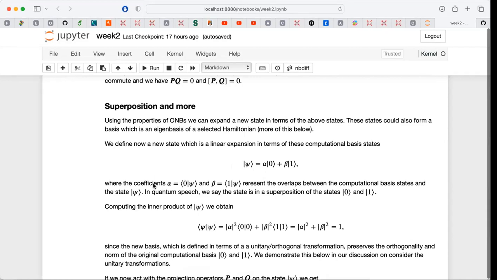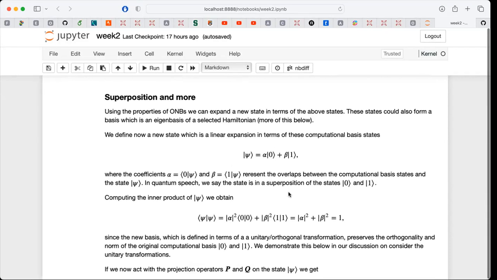What we saw then is that these coefficients alpha are simply the projection of the state 0 on this state psi, and the same with the coefficient beta. So they represent the overlaps between the computational basis states and a new state, which is a linear combination of the computational basis states.